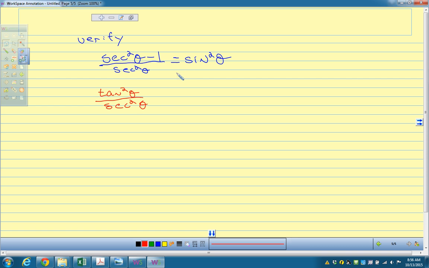Go ahead, Trent. Change tan to sine over cosine. Perfect, okay? So now I'm going to change this into all sines and cosines. So now I get sine squared theta over cosine squared theta. And I could rewrite secant squared theta as 1 over cosine squared theta. And then things will disappear.